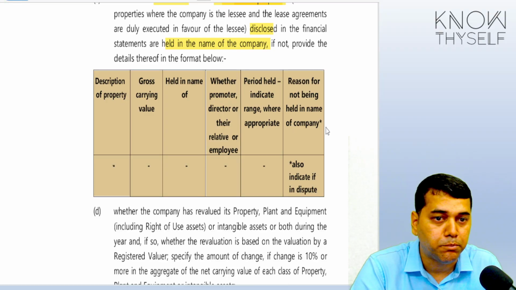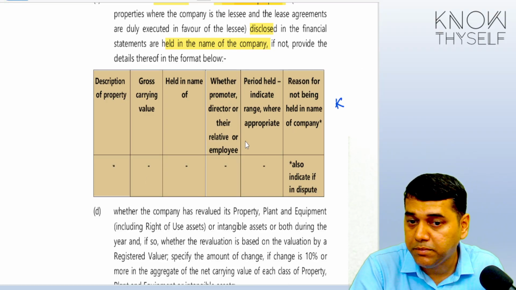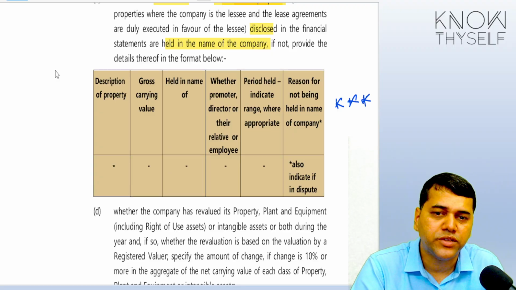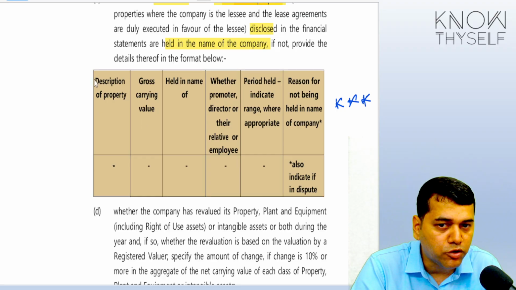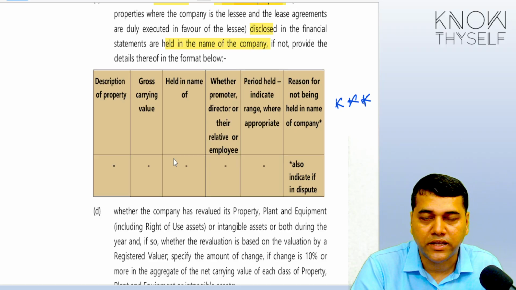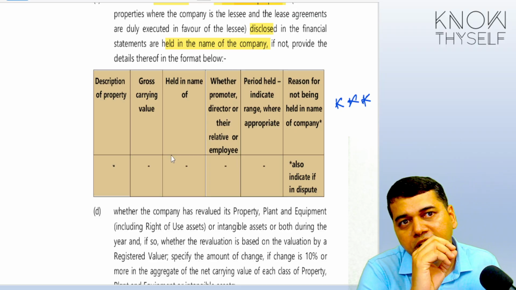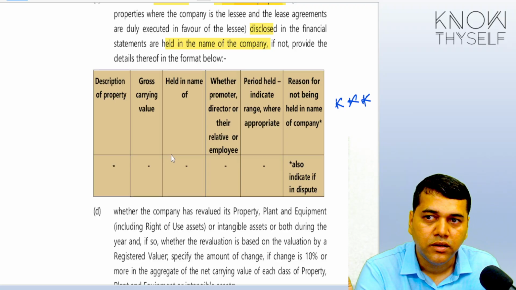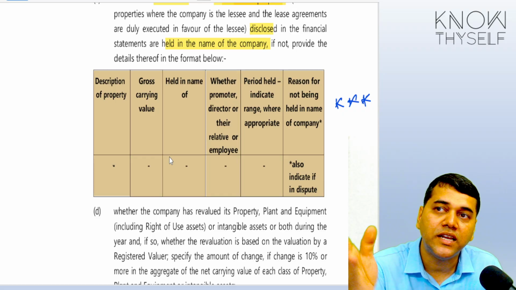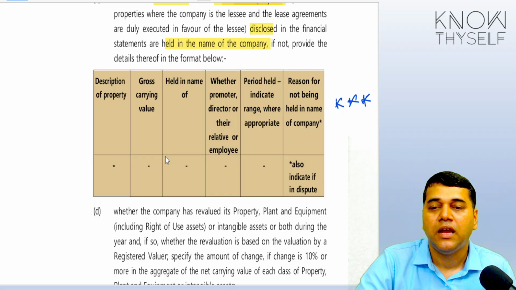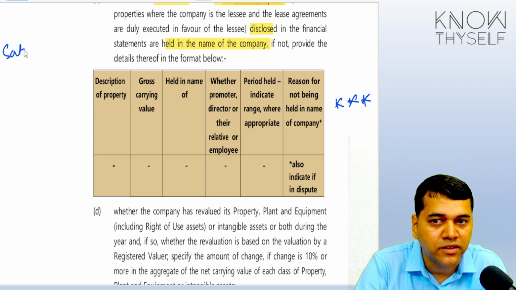Please mark it, very important. Remember this table is very important. I'm telling you, very important, because they can give you one case based on this, and you have to remember all the components to be disclosed. If the title deeds are not there, tell me from an ordinary investor's point of view, there is some immovable property and the title deeds are in the name of a director. Obviously no. And again this happened in the Satyam case.